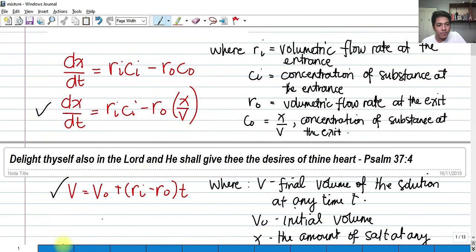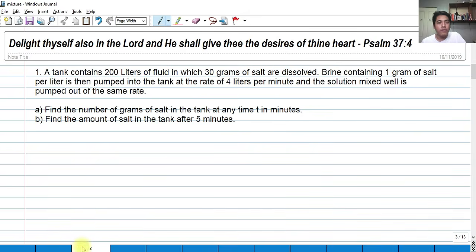Okay, let's try to solve some problems. For number 1, a tank contains 200 liters of fluid in which 30 grams of salt are dissolved. Let's try to draw a tank.